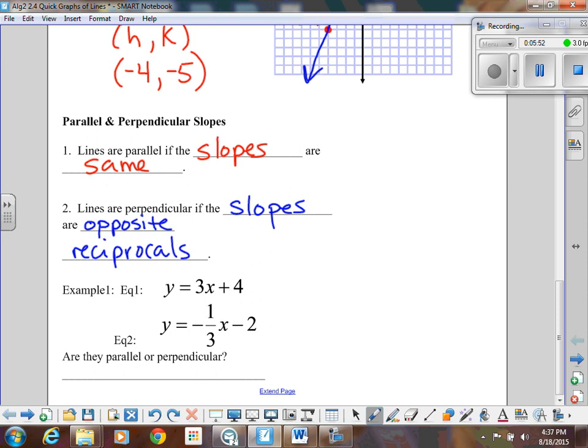Remember that opposite reciprocals means you're going to be changing the sign and you're going to flip the fraction too.